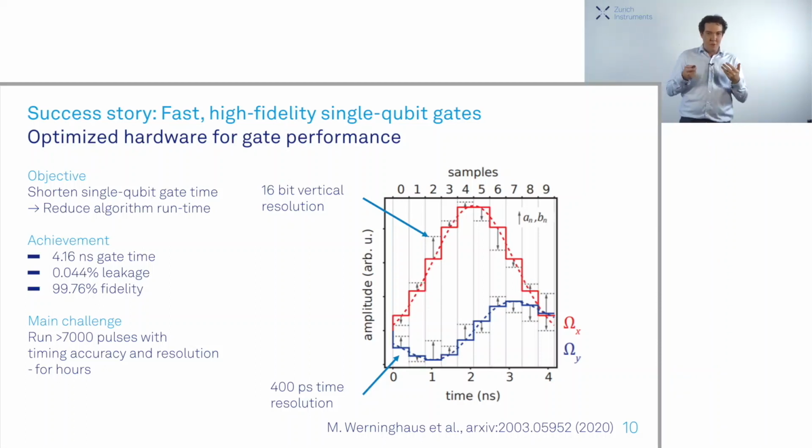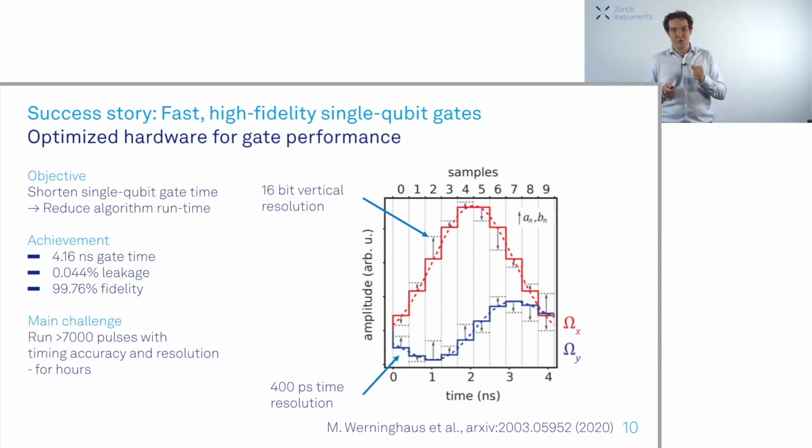And what you need to understand is that if you want to see whether your qubit changed on the 0.1% level, or your gate fidelity changed on the 0.1% level, then you need to play 1,000 pulses to see a first effect that fidelity is dropping. So this really required playing several thousands of pulses with the timing accuracy and the resolution being stable for hours. And this is essentially what we could provide with our instrument.